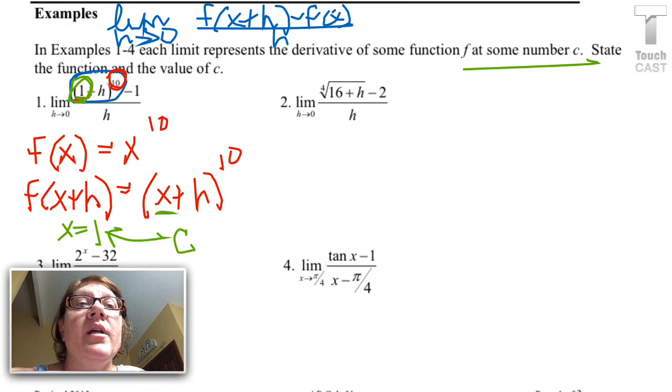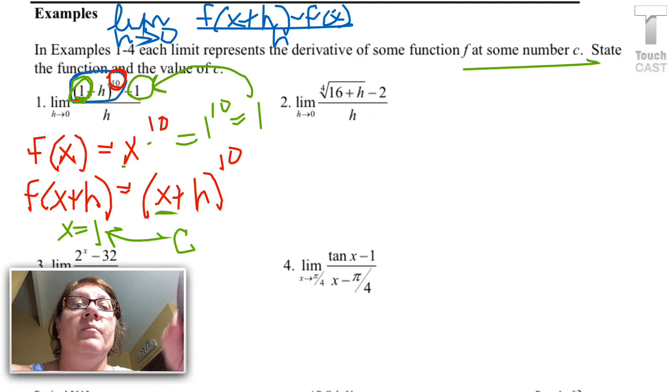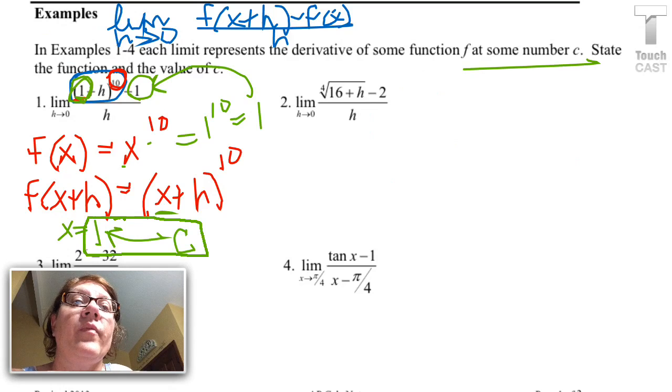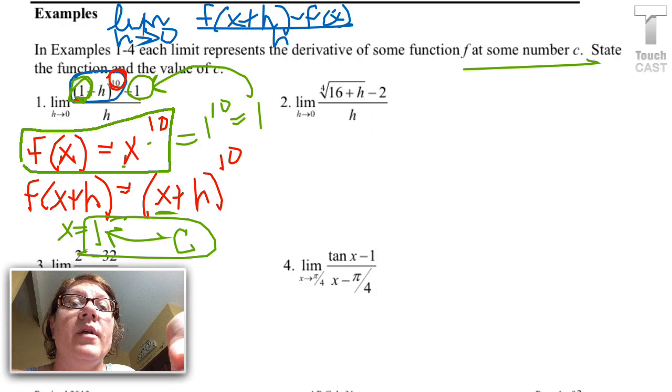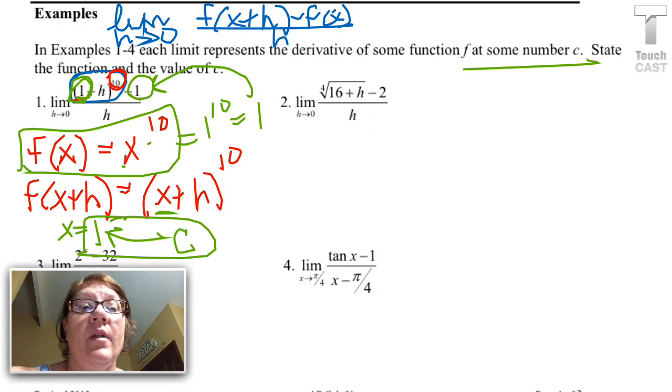And then I can just double check it, because this should be x to the 10th. Well, x is 1, so 1 to the 10th would be 1. Oh, that works. So I know that c is 1, and my function was f of x equals x to the 10th. Let's try another one.